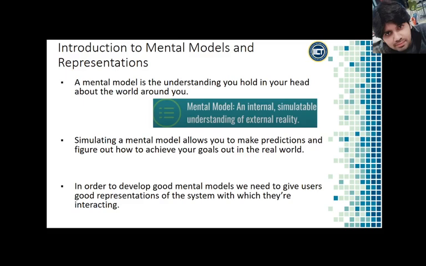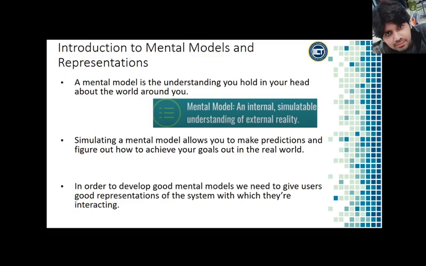Simulating a mental model allows you to make predictions and figure out how to achieve your goals out in the real world. So a good interface will give the user a mental model of the system that it represents. In that way, we can help users learn how to use our interfaces as quickly as possible.